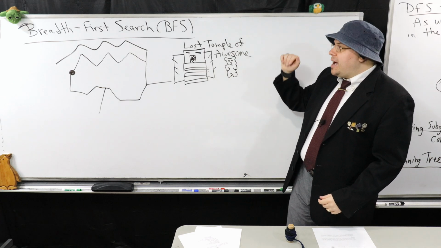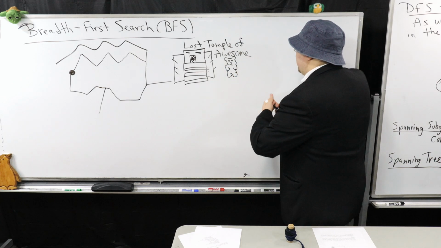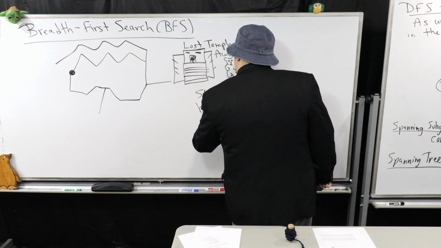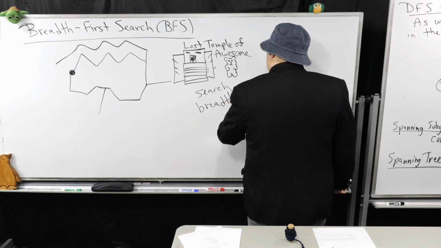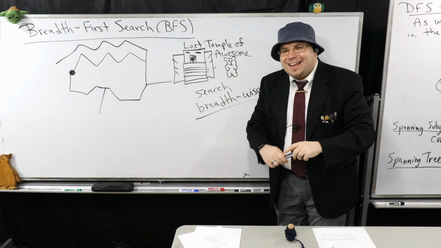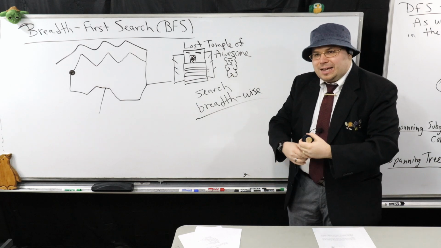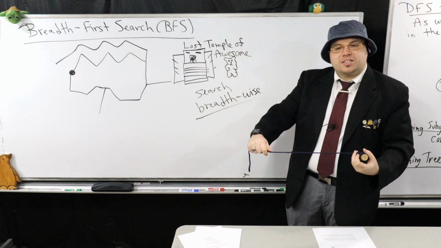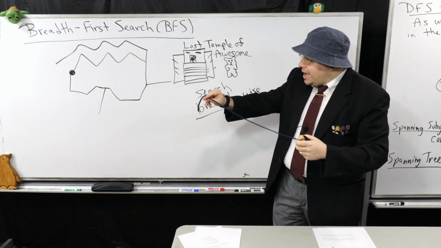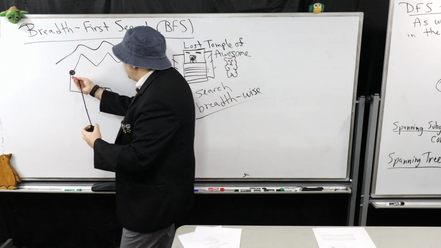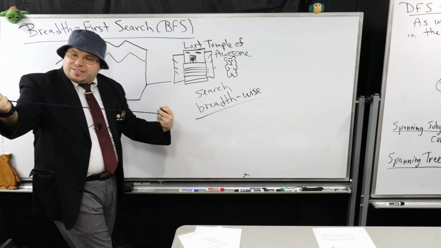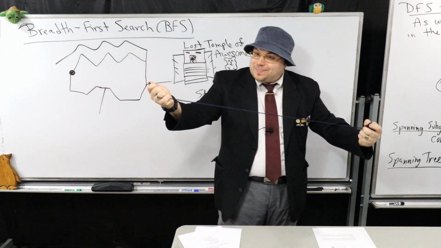So this brings me to the idea that we're going to use. We're going to search breadth-wise. What I mean by this is, instead of using the thread like I was, where I unravel it and go exploring, imagine I tie this string here right at my origin, and I measure out a number of steps that I would like to take.